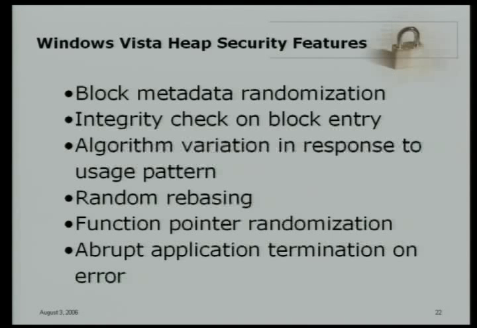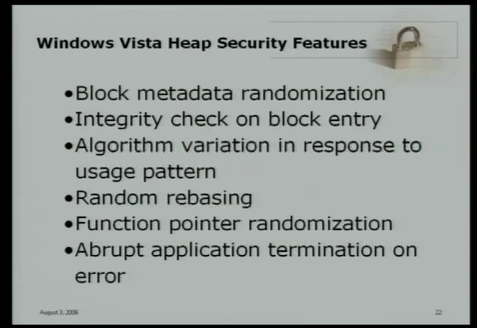I'm going to start with the security features first. We have first block metadata randomization. We have an integrity check on every single entry. We have randomization on the base address, and we also have randomization on the function pointer that some people probably noticed already exists in the heap structure.